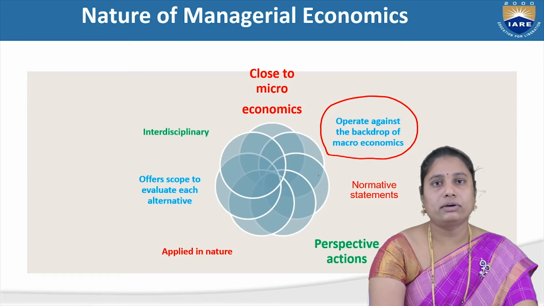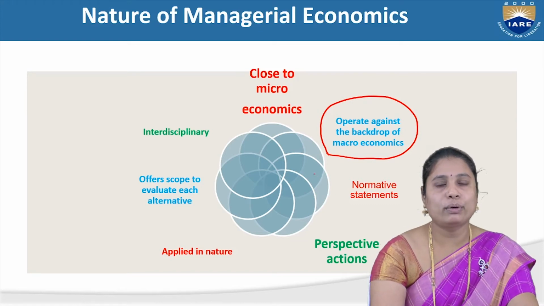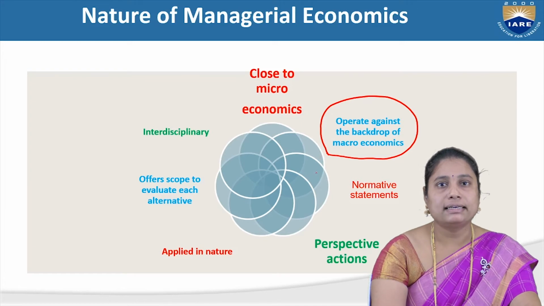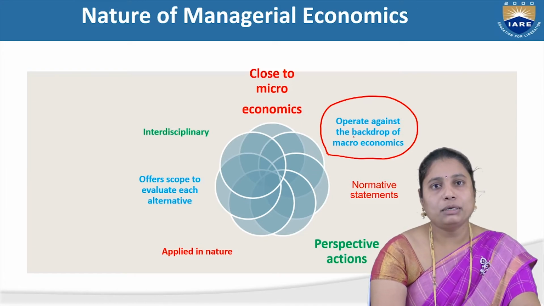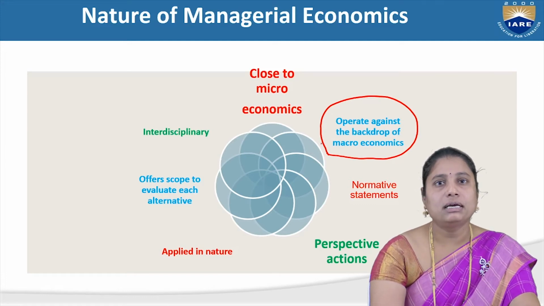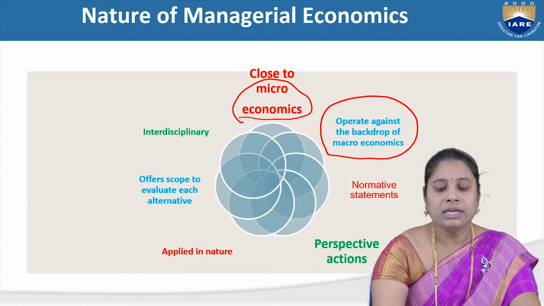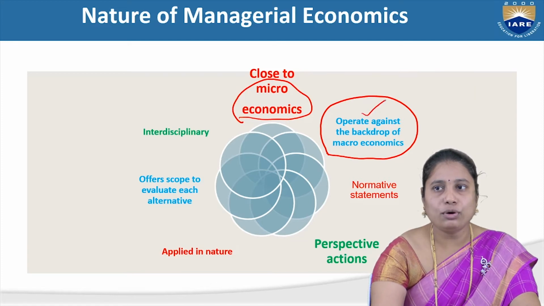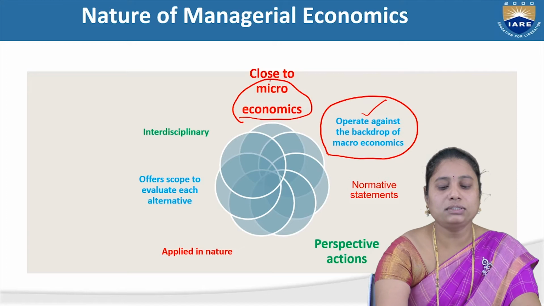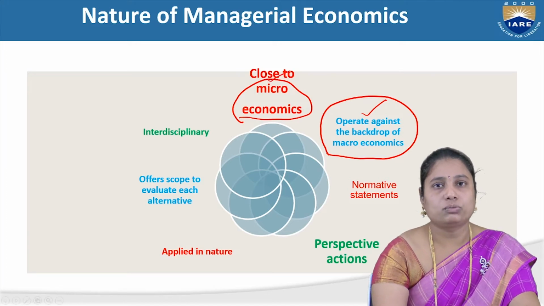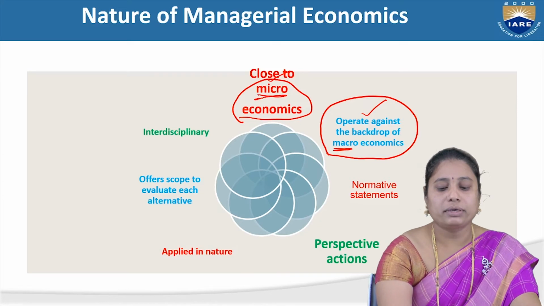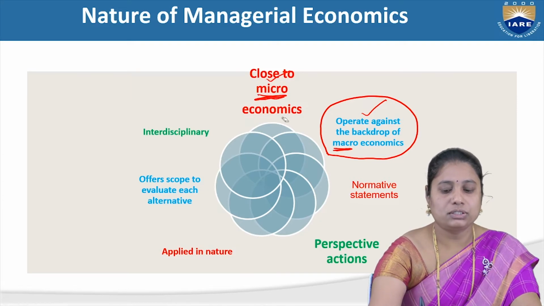It considers the government policies, taste and preferences, demand in the markets, everything they will consider. But where can they control? Obviously on the microeconomy factors. That's why it operates on the backdrop of macroeconomics and works on microeconomy factors. Whatever factors they have considered under the macroeconomy factors, they are going to control through the microeconomy factors.